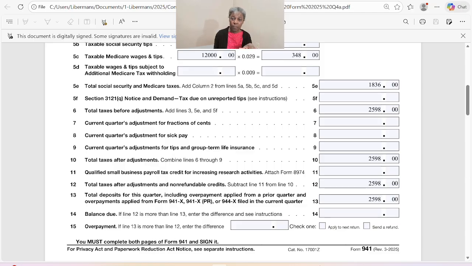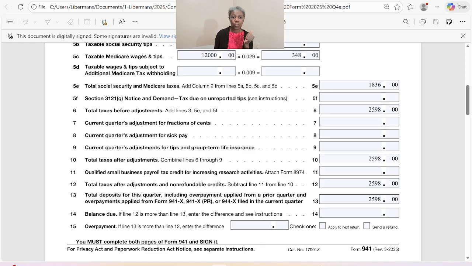If you qualify for that credit, you use Form 8974 to complete it, and then it will go here. And I think it is a non-refundable type of credit that will decrease your payroll tax to 0 or something like that. But anyway, here it is blank for us.